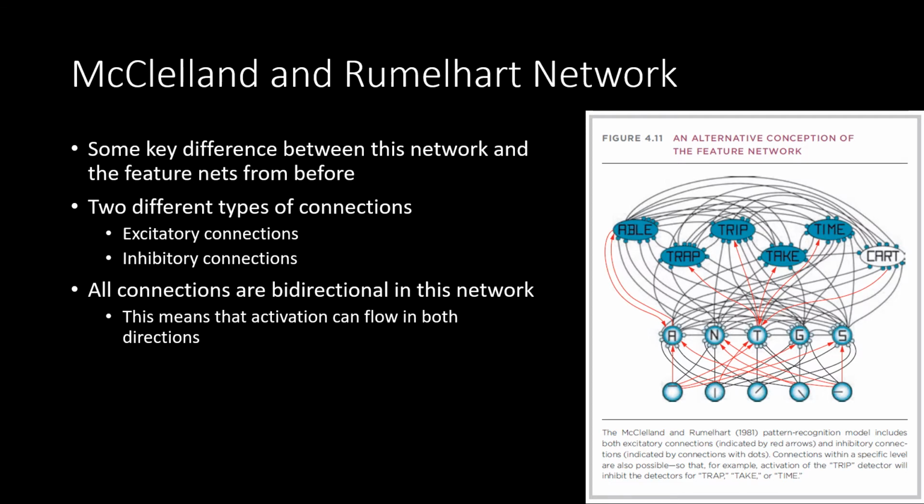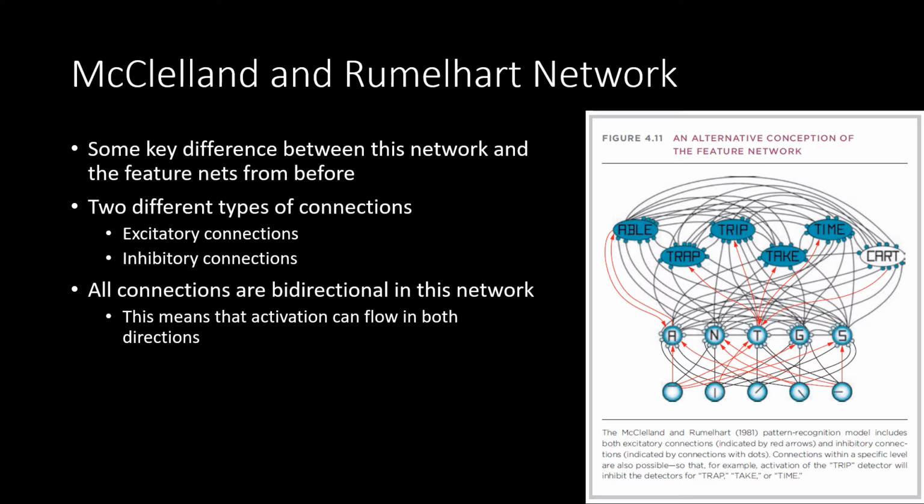The other kind of connection in this network are inhibitory connections. These are all of the gray lines or the lines that terminate with little circles. These work in the opposite manner. If a node reaches its threshold, fires, and passes on this activation to another node to which it's connected in an inhibitory style, then as its activation has increased, it will decrease the activation of the node to which it's connected. This is something one sees throughout the brain.